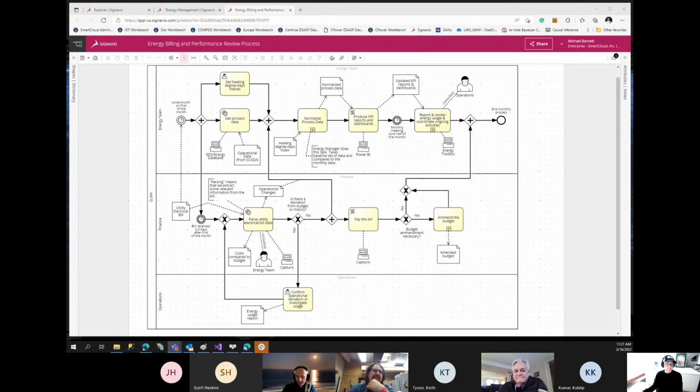We have the Git process data in my model that Mike has on the screen right now. There's things involved with that, right? Oh, sure. And the report and review energy usage that we've already identified, and even the produce KPI reports and dashboards, all of those pieces have a large digital component that I think we could flesh out as a sub-process.